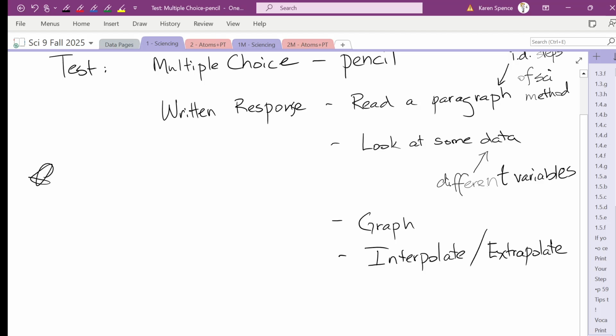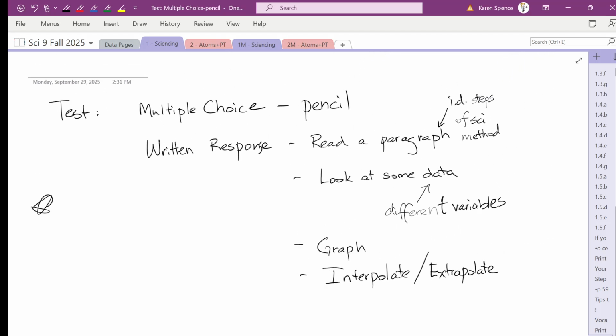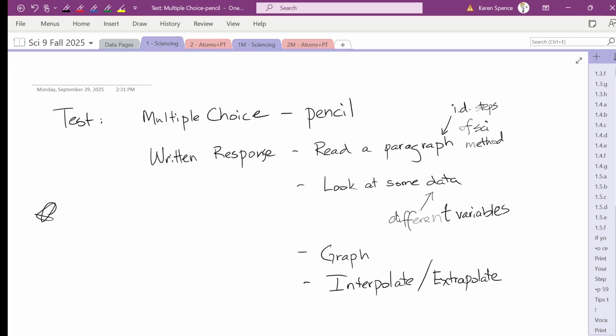What do we use to measure weight? Which one is affected by gravity? In the multiple choice section, it could be just about anything related to what we have done. But I do have some practice multiple choice questions here for you, so you can get used to what that's going to look like, okay?